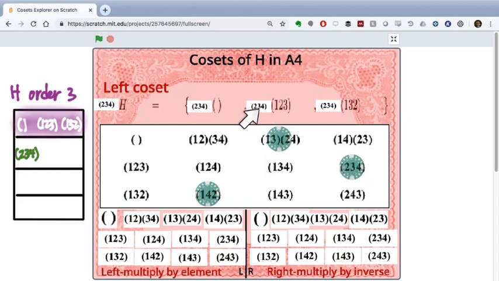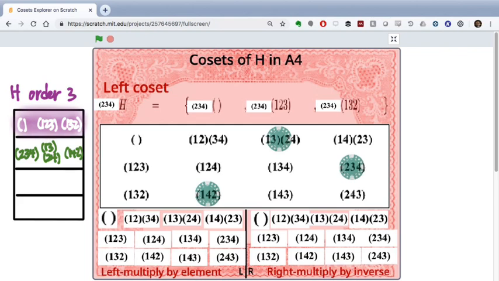By multiplying (2 3 4) by (1 2 3), I got (1 3) composed with (2 4), I believe. Yeah, I get this one, right? So this times that is going to give me (1 3 2 4). So I'm going to write that here, (1 3 2 4). And then by multiplying (2 3 4) by (1 3 2), I got (1 4 2). And none of those elements were any of the ones that we started with in our subgroup.